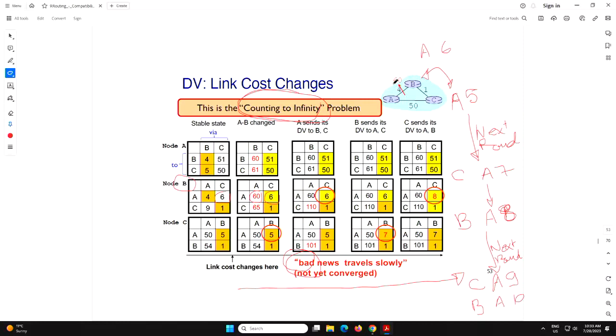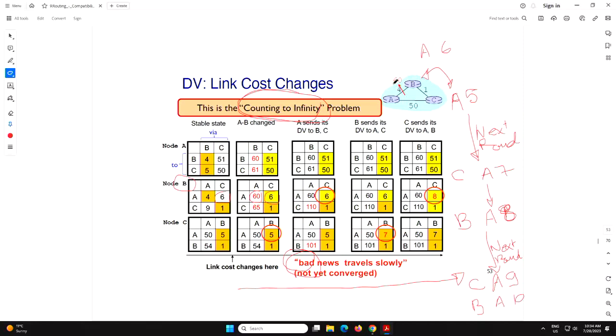B knows that the link to A has gone up, the cost of the link has become 60. B knows that, right? How come B is fooled to think that there is a shorter route via C? So that's where the problem is. There is no shorter route via C. So why are we having this problem?